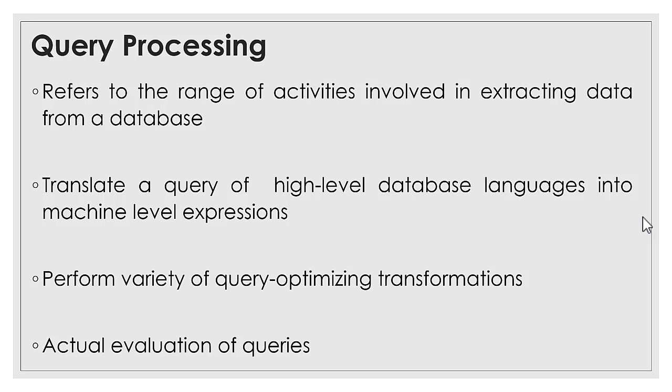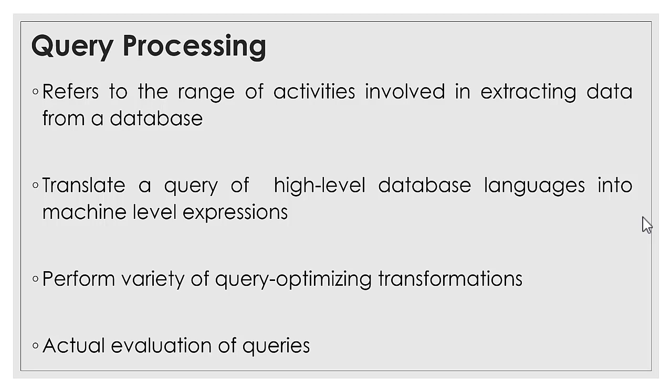Now, the query optimizer produces a plan which is used to evaluate the query. In the next step, the query will act on the data and produce our final result.